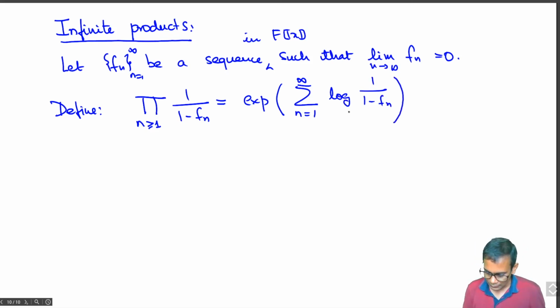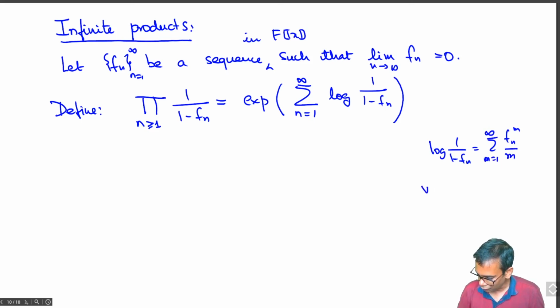This infinite sum of course makes sense, because you can show that if limit as n tends to infinity fn goes to 0, then so does this limit as n tends to infinity of log of 1 over 1 minus fn goes to 0, because after all log of 1 over 1 minus fn is summation fn raised to m by m, m goes from 1 to infinity, and so the valuation of log of 1 over 1 minus fn is equal to the valuation of fn.